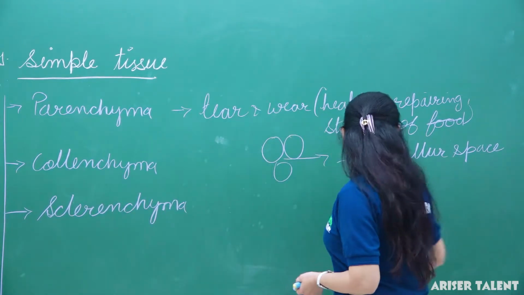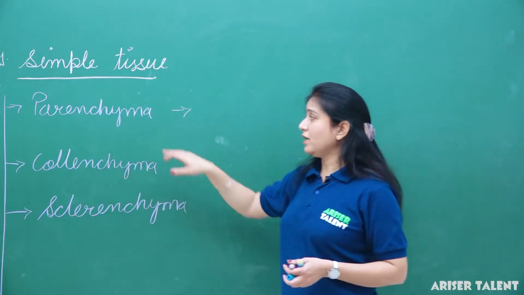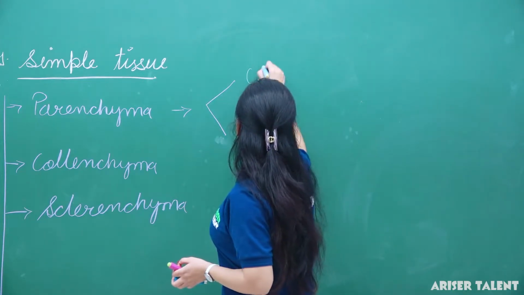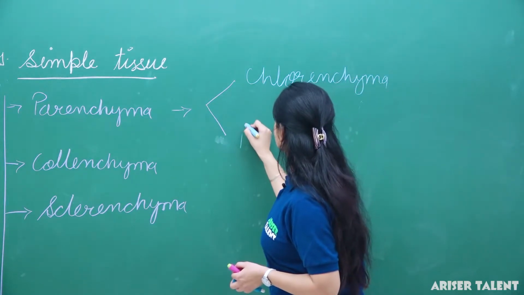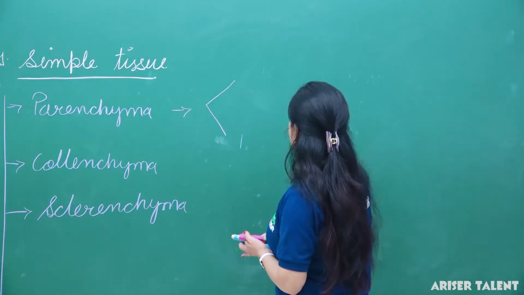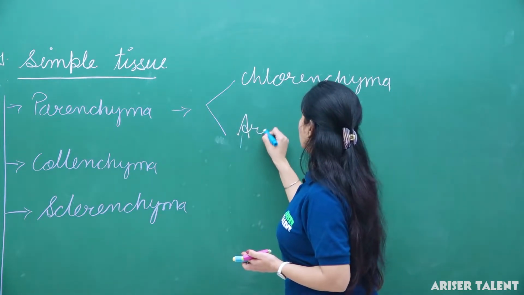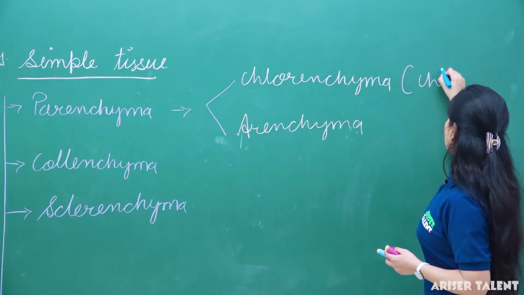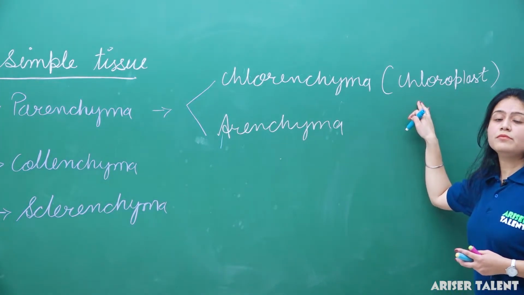Next is collenchyma. Or once again I want to come back to the topic parenchyma, it has two parts: chlorenchyma and aerenchyma. Chlorenchyma contains chloroplast, and if it contains chloroplast it plays an important role in photosynthesis, because this is the part responsible for photosynthesis.